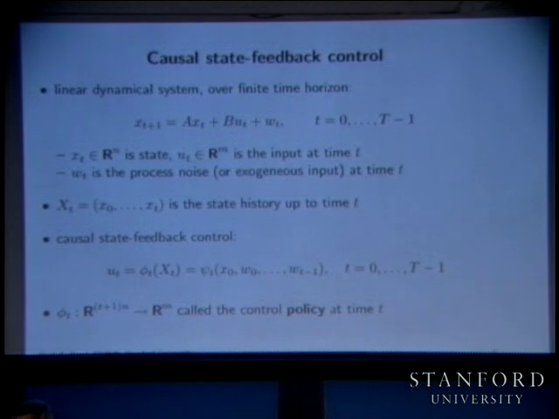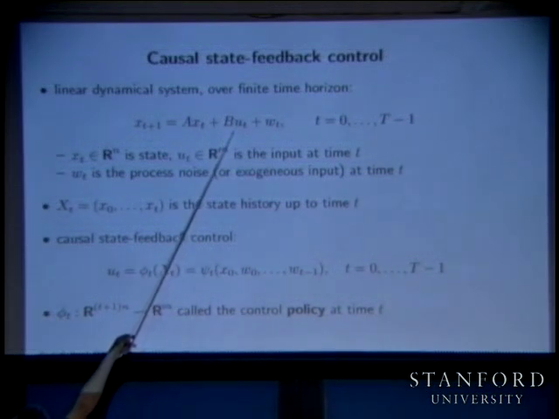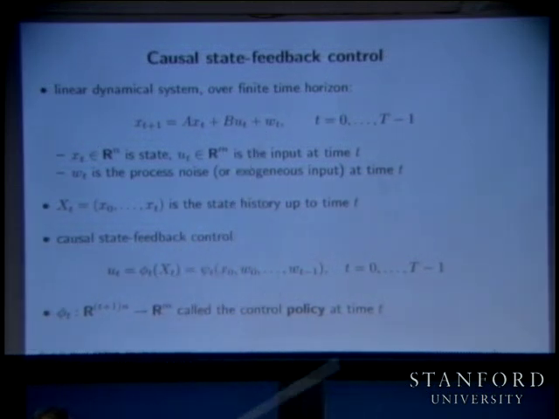Because if I know the state sequence, x_0, x_1 up to x_t, then I know those and I subtract them, and I definitely know w_t because I did it. In fact it's a linear bijection that maps x_0 up to x_t to x_0 up to w_{t-1}.